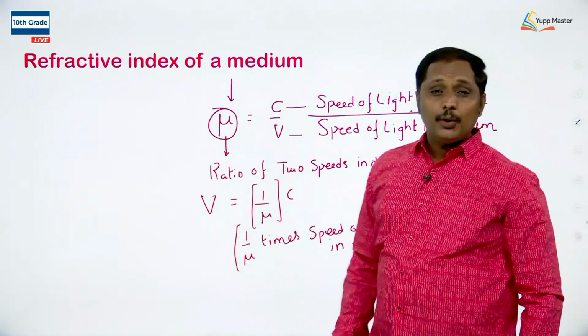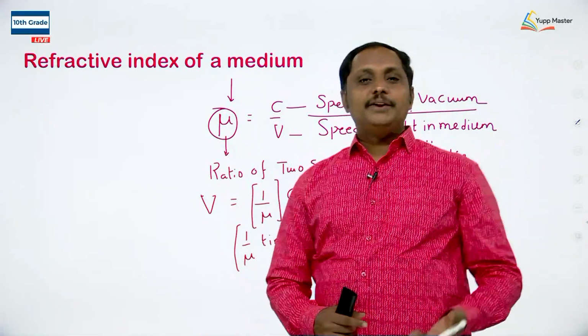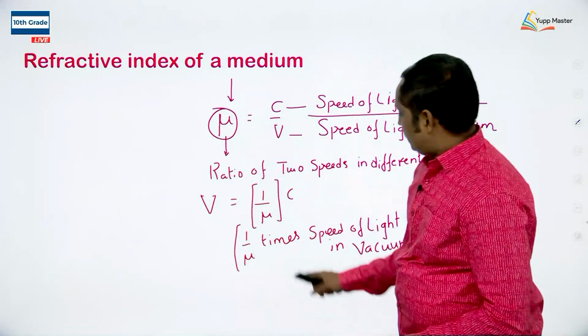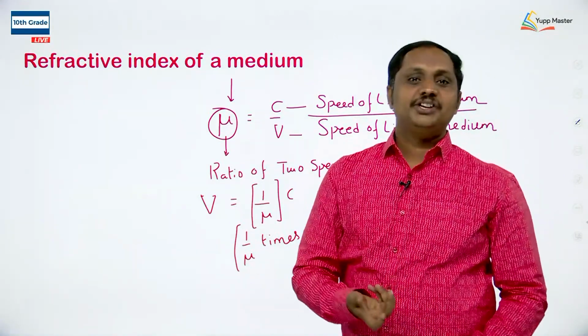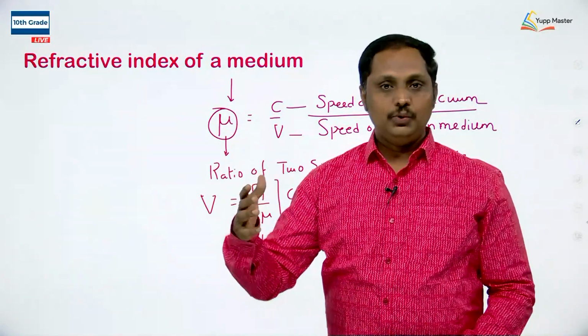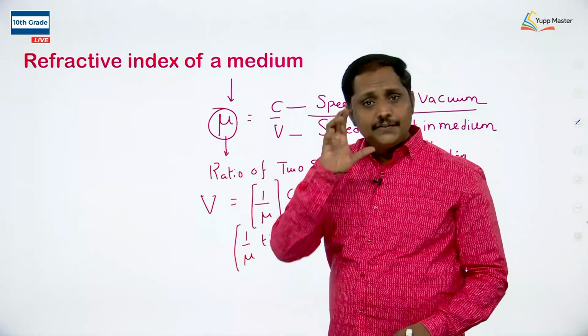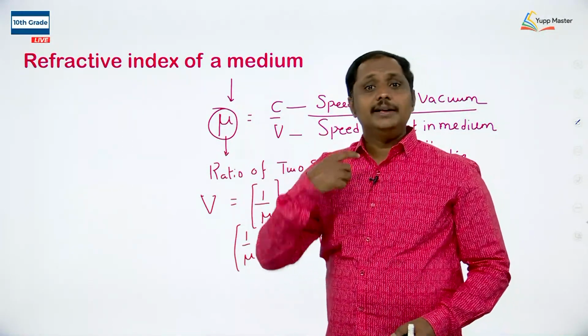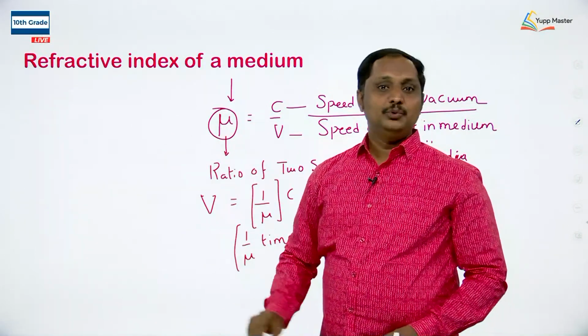If you want to know the speed of light in a medium, it is going to be reduced 1 by mu times. It is a very simple observation. When the light is allowed to move from rarer to denser medium, its speed is going to decrease gradually by increasing its mu value.